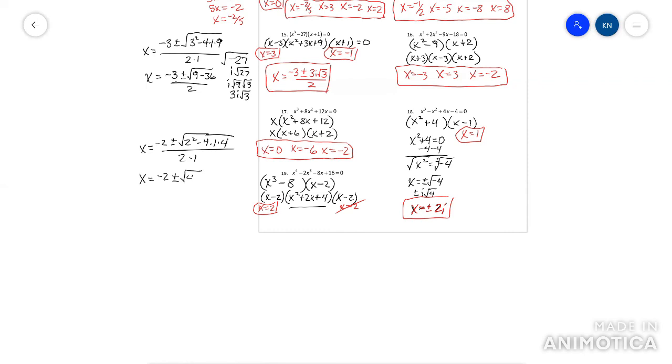This is going to make root 4 minus 16. 4 minus 16 is negative 12. Take the i out, call it positive 12. Then call root 12 root 4 times root 3. So this one becomes 2i root 3. So I would get x equals negative 2 plus or minus 2i root 3 all over 2.